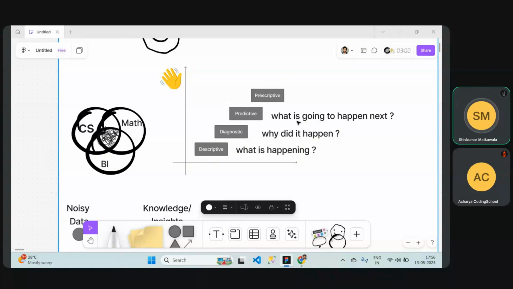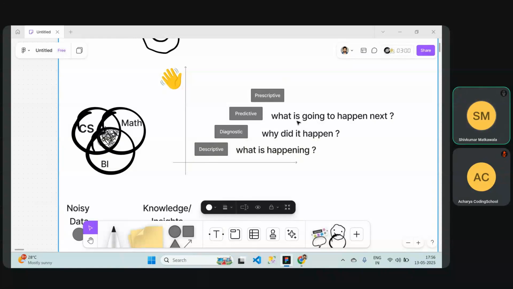But what if you want to mold it, change it, plan for something? For example, a model says you are going to sell 100 bikes next quarter, but 100 bikes is not enough for you, you want to sell 200. So you ask the model: what if I want to sell 200 bikes in the next quarter?